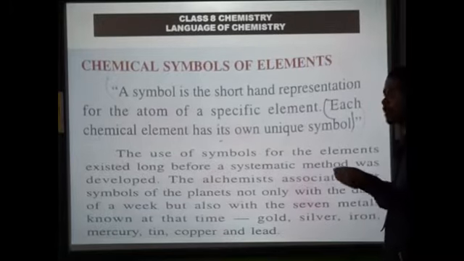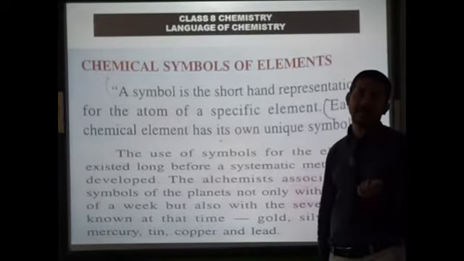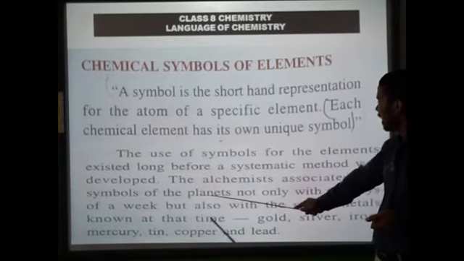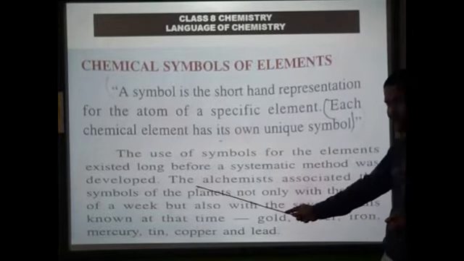The alchemists, the chemists of olden days, associated the symbols of the planets not only with the days of the week, but also with the 7 metals known at that time: gold, silver, iron, mercury, tin, copper and lead.